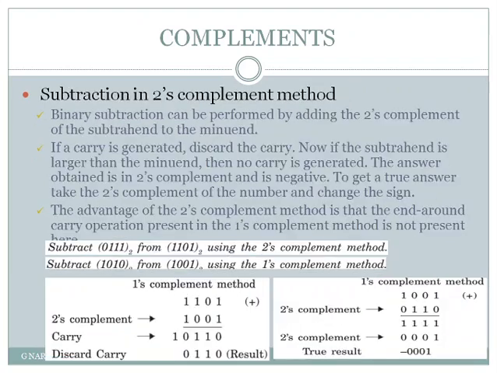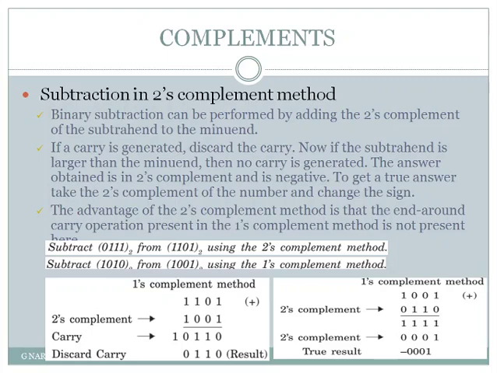And similarly, we have seen subtraction in the two's complement method. Here also subtraction is performed by adding the two's complement of the subtrahend to the minuend. And here also the carry will be generated only if the subtrahend is smaller than the minuend. In this case, you simply discard the carry or ignore the carry.